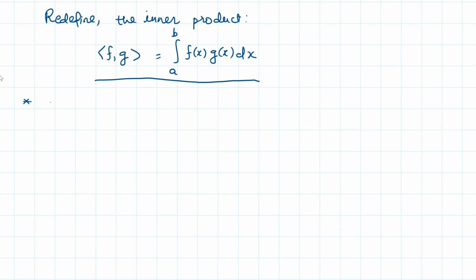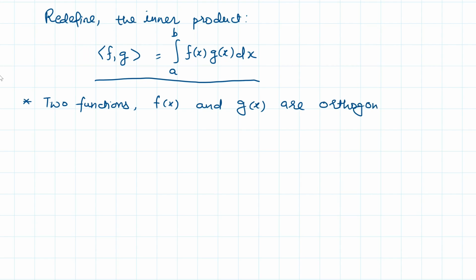From this, we can define the orthogonality of the functions. Two functions f of x and g of x are orthogonal if the inner product of the two functions is 0.